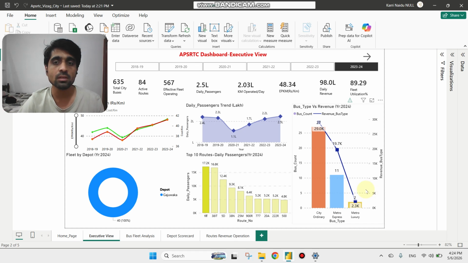So the revenue is not top when compared to the number of passengers, which means that although the passenger count is high, in the succeeding sides we will observe whether the revenue is on par with the number of passengers or not.